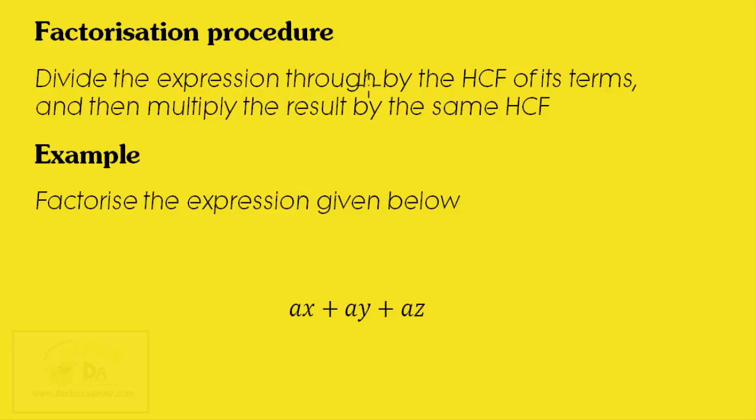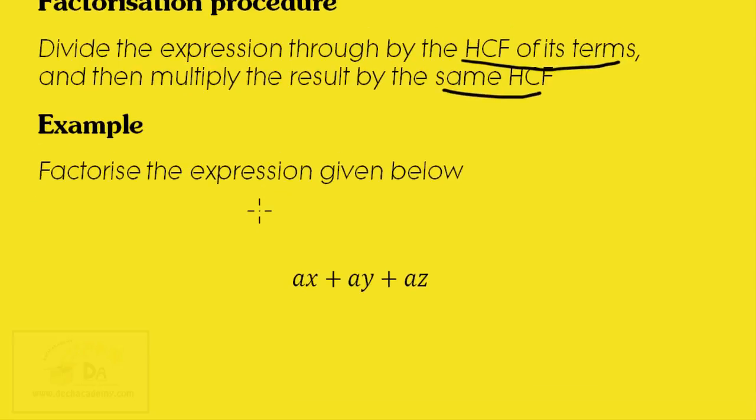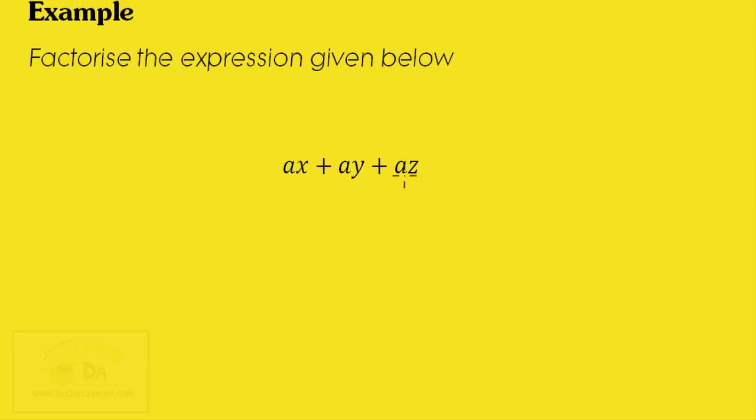So here's an example. We need to factorize the expression given, which is ax plus ay plus az. In order to factorize an expression, we need to divide the expression through by the HCF of its terms, and we need to multiply the result by the same HCF. So we need to know the HCF of this expression's terms.